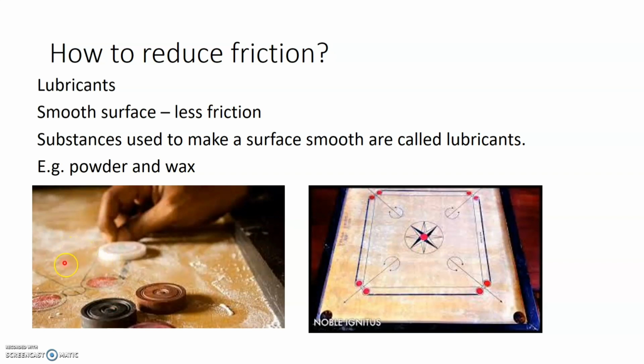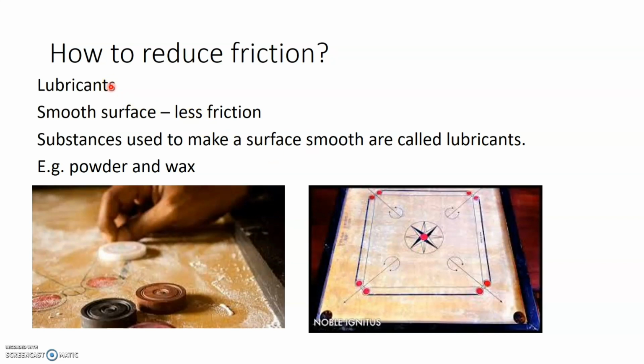Only if the surface of the carom board is smooth will the coins move smoothly when we strike them. In order to make it smooth, we apply powder. So powder is again a substance used to make a surface smooth. Therefore powder is also an example of a lubricant. In the same way, wax is also a substance used to make a surface smooth, and therefore it is also an example of a lubricant.